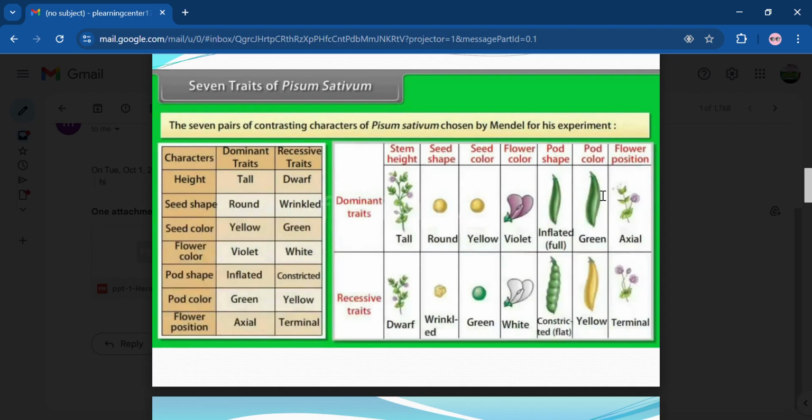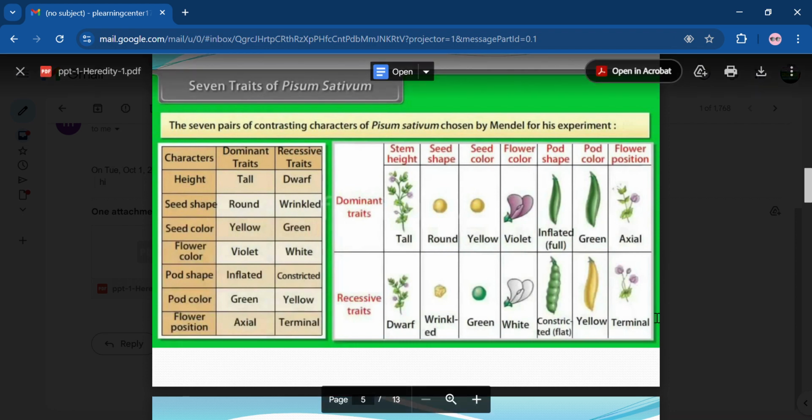Similarly, green pod color or yellow pod color. Then flower position, axial or terminal. Axial means in between the flower pedicels, and terminal means at the top of the stalk.